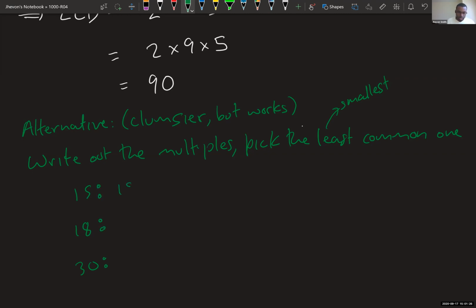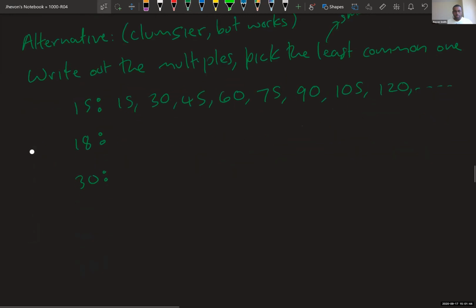The multiples of 15: 15, 30, 45, 60, 75, 90, 105, 120, etc. What are the multiples of 18?